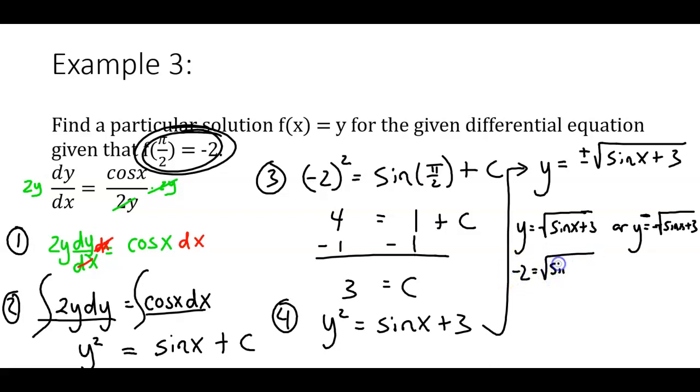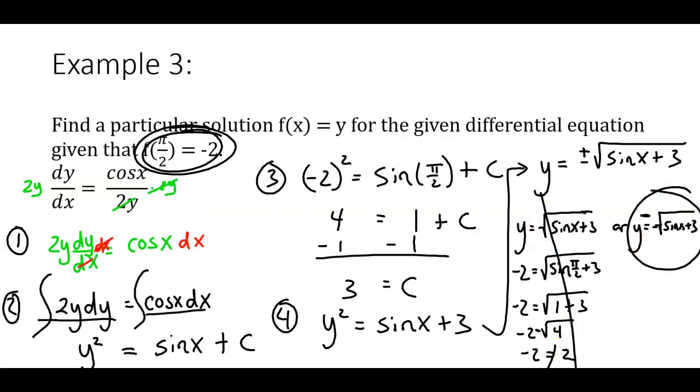And then I'm going to do sine of pi over 2 plus 3. Sine of pi over 2 is 1. And the square root of 4 is 2. Oh, that's not true. -2 is not equal to +2. And therefore, this is not the answer, and it must be the negative version.